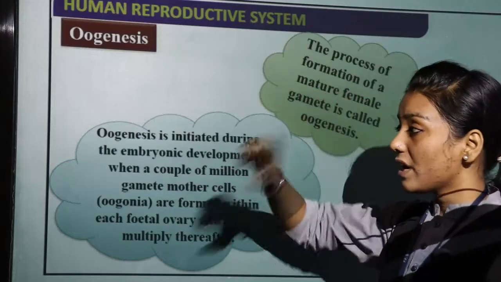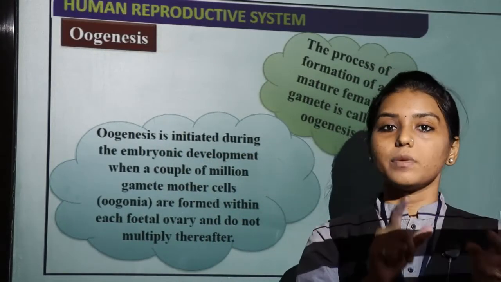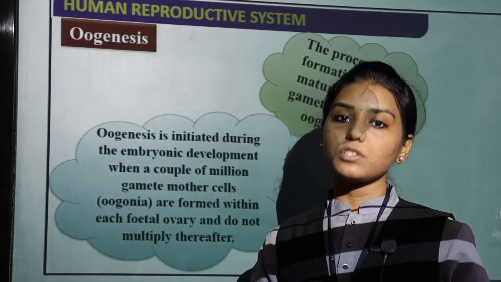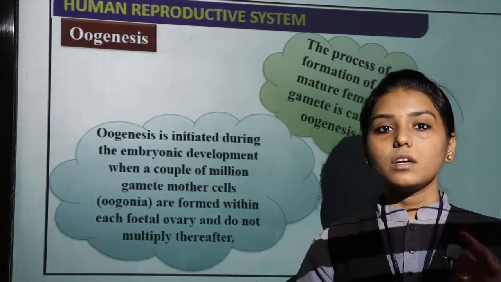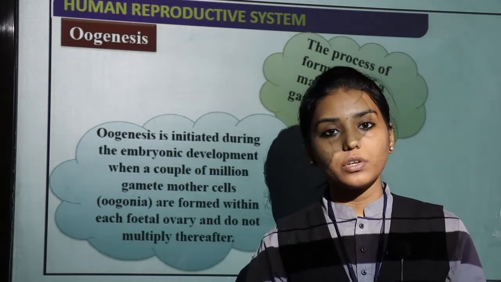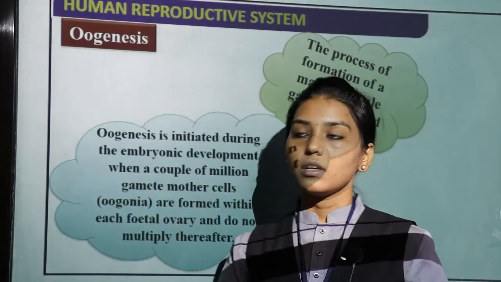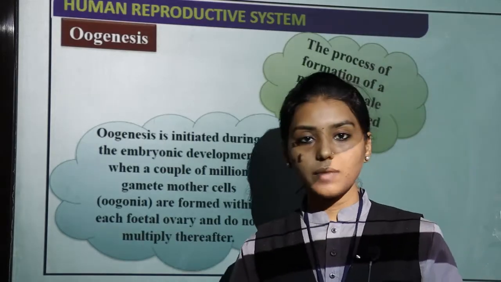In spermatogenesis we saw primary and secondary spermatocytes, but the difference here is the formation of primary, secondary and tertiary follicles. This is the only difference. The main thing is that primary and secondary are the same.